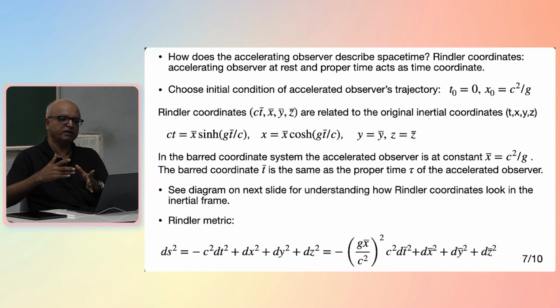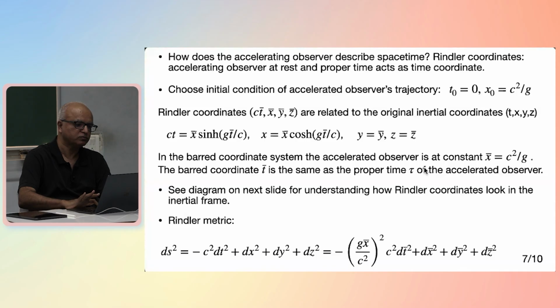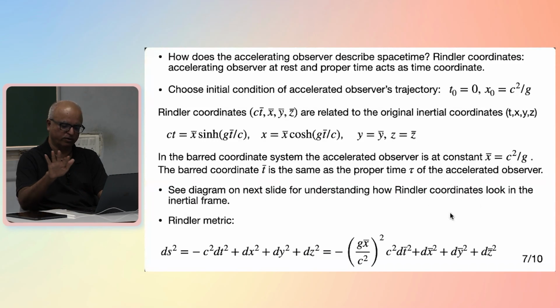So, my t bar will change because time changes, but my x bar is fixed. The barred coordinate t bar is the same as the proper time tau of the accelerating observer. See the diagram on the next slide for understanding how Rindler coordinates look in the inertial frame. We will go there in a moment.